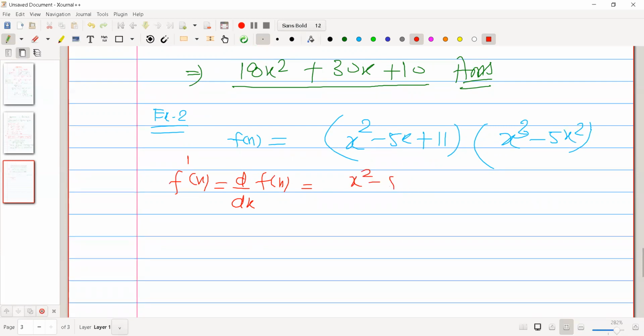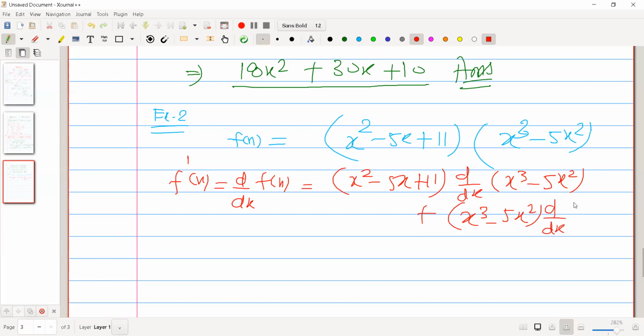We keep the first function as it is and apply the derivative to the second function, plus x cube minus 5x square into the derivative of x square minus 5x plus 11.